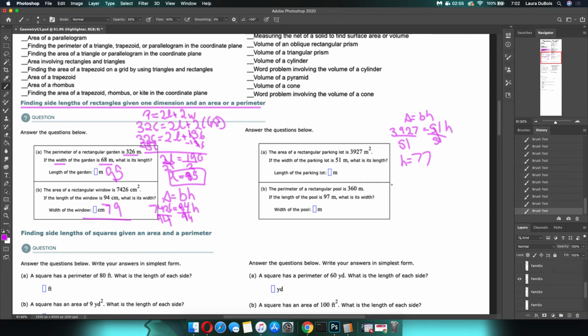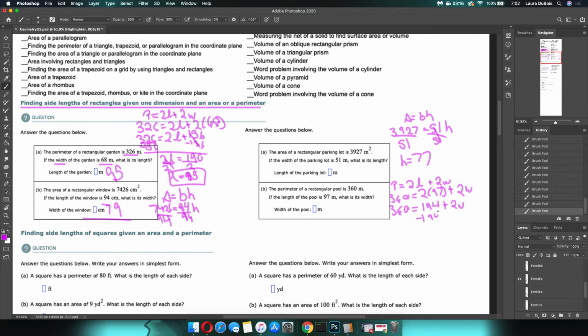And then over here, perimeter is twice the length plus twice the width. The perimeter here is 360, 2 times 97 plus 2W. So 360 equals 2 times 97, which is 194, plus 2W.